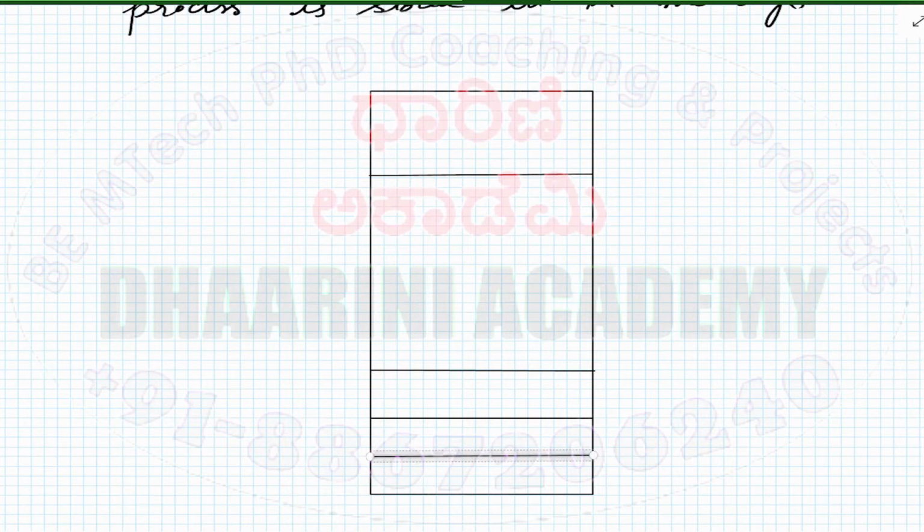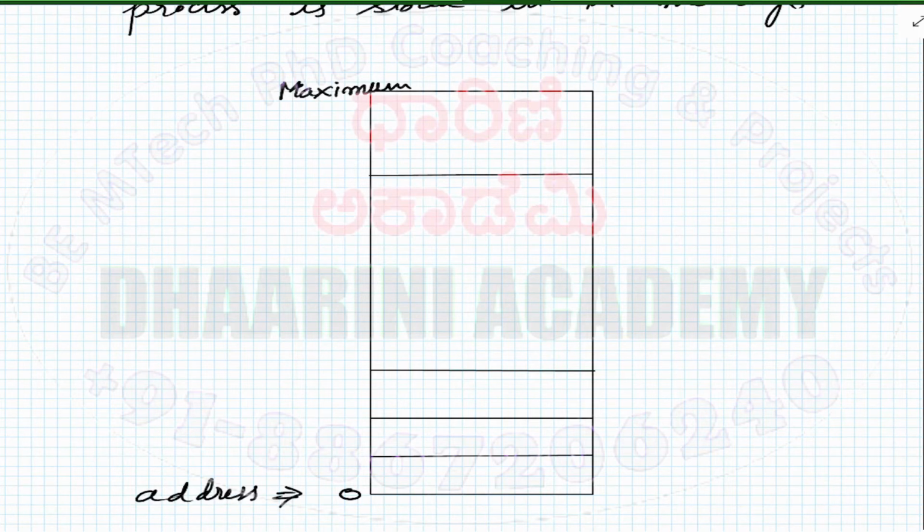Let's write the exact names here. So this is the location for address 0. This is the maximum address, so address 0 to address maximum.